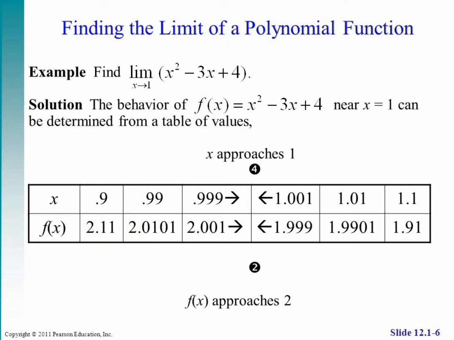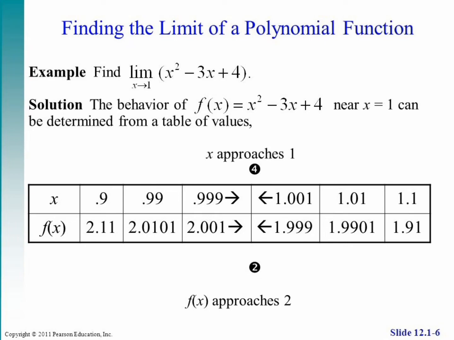Let's take another example. In this example, the limit value of x is 1. So choosing numbers around 1, we choose 0.9, 0.99, 0.999, then we skip the 1, we go to 1.001, 1.01, 1.1.